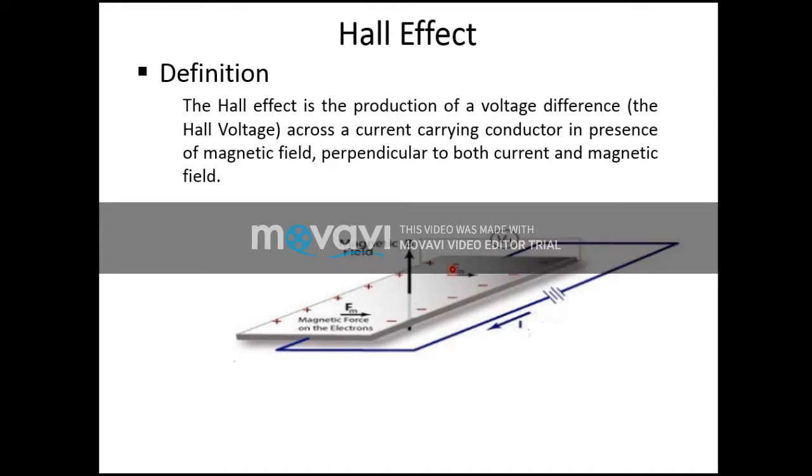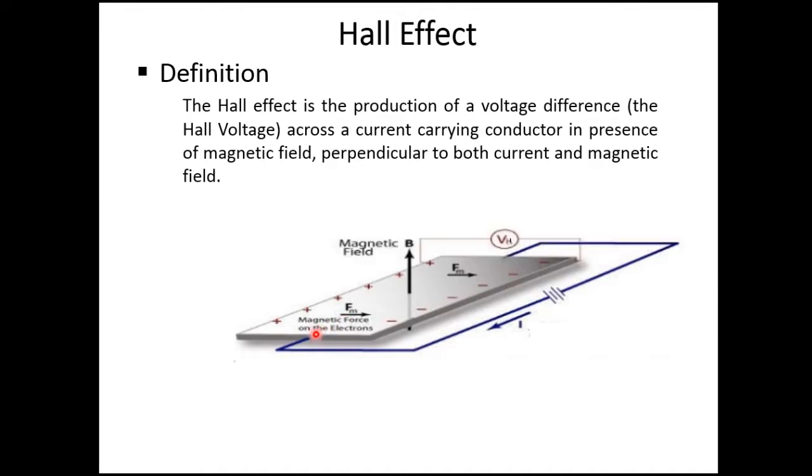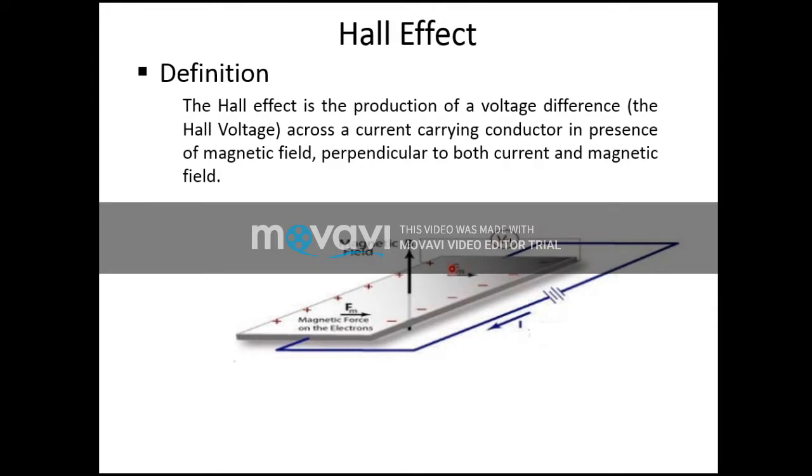As I told you just now, if you have a charged particle, and current means charged particles, moving in a magnetic field, then there will be a force on that charged particle, and because of that force, the charge will move sideways.